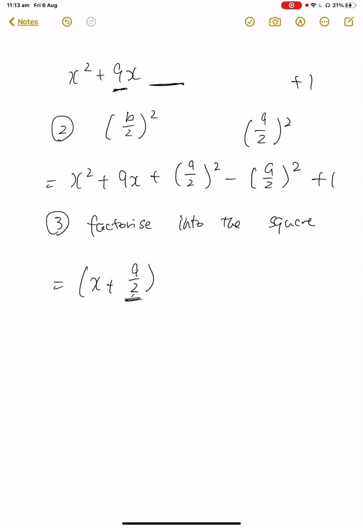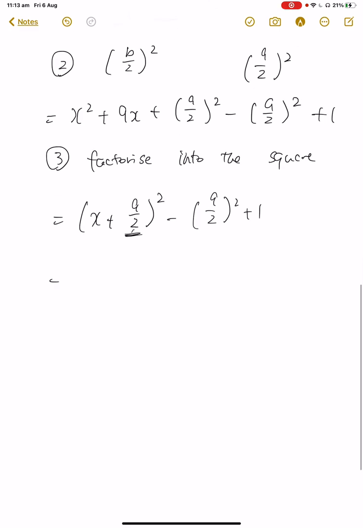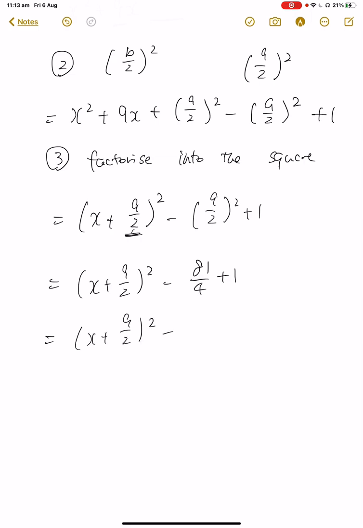I'll just summarize that later. Then plus that, and then we're left with our minus 9 on 2 squared plus 1. So this is equal to x plus 9 on 2 squared minus 81 on 4 plus 1, which is equal to x plus 9 on 2 squared minus 77 on 4. And then you're done.